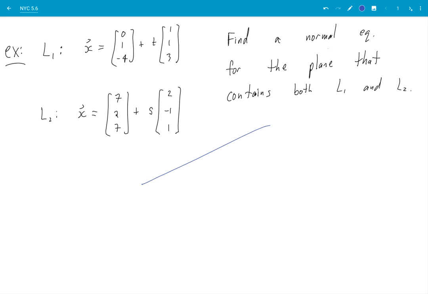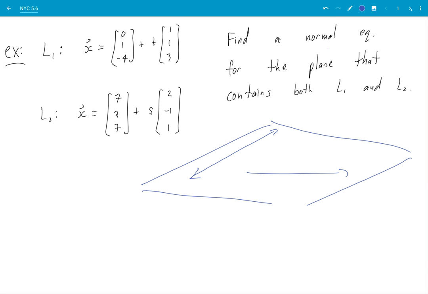So let's see, I have a plane. Let's say it's like this. And we have L1, say going like this. And so we have L2 going like this.